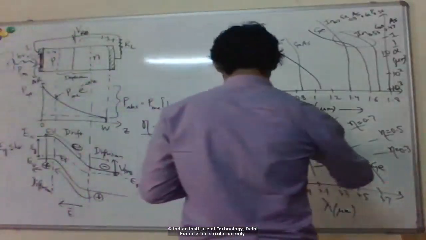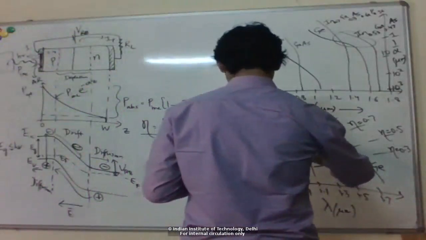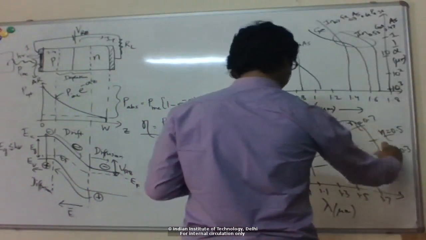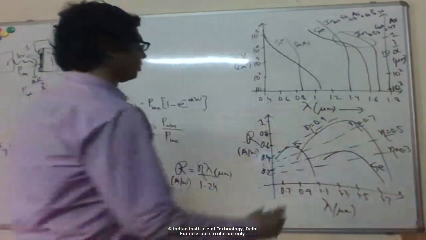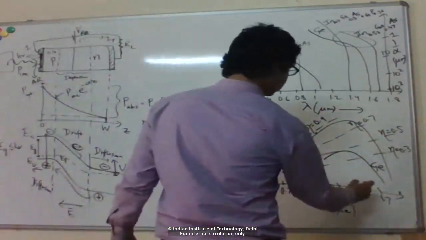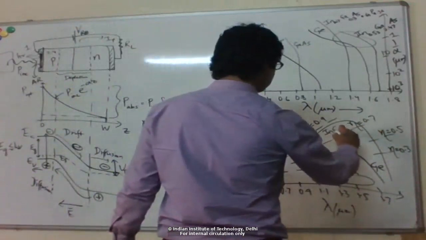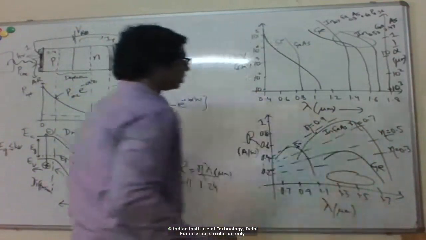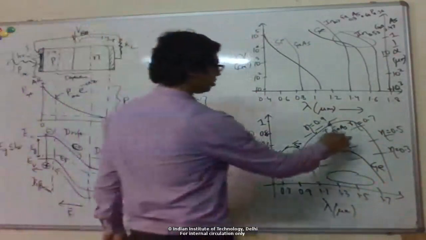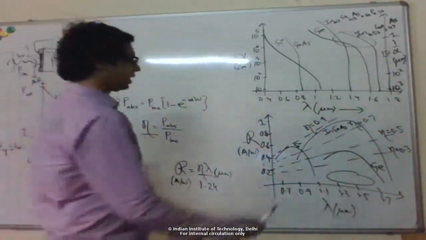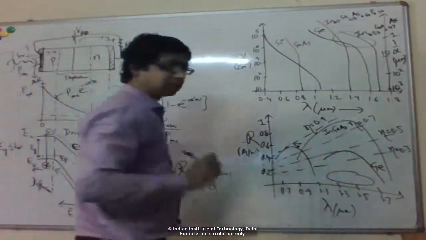Now, if you look at InGaAs, so that goes something like this. So again, our wavelength of interest is this, right? So here basically these InGaAs photodetectors have about 90% quantum efficiency and a responsivity of about 1 amp per watt.